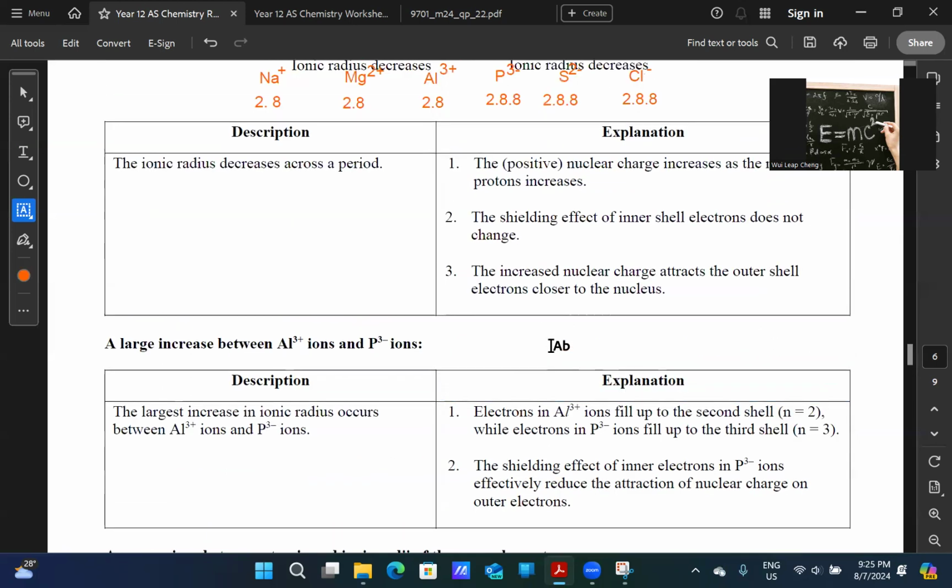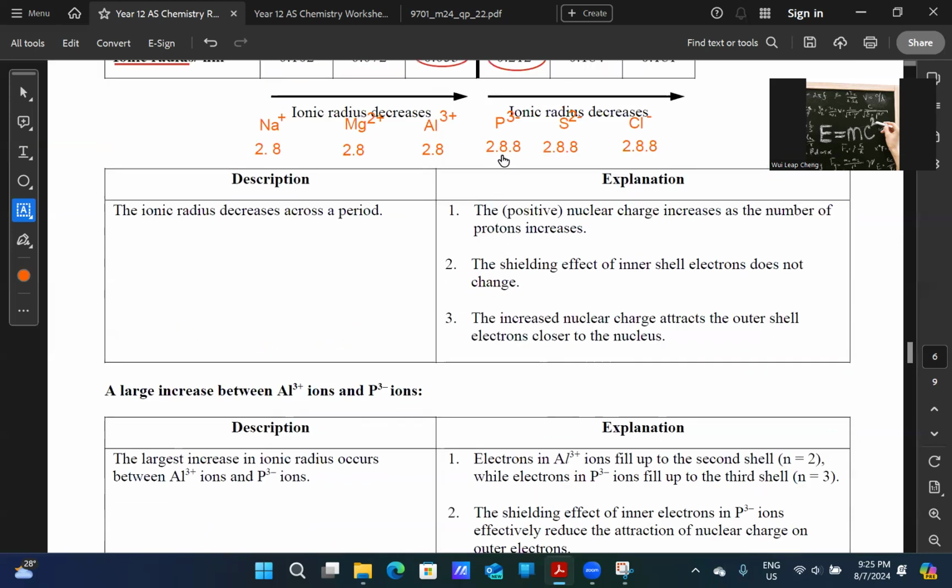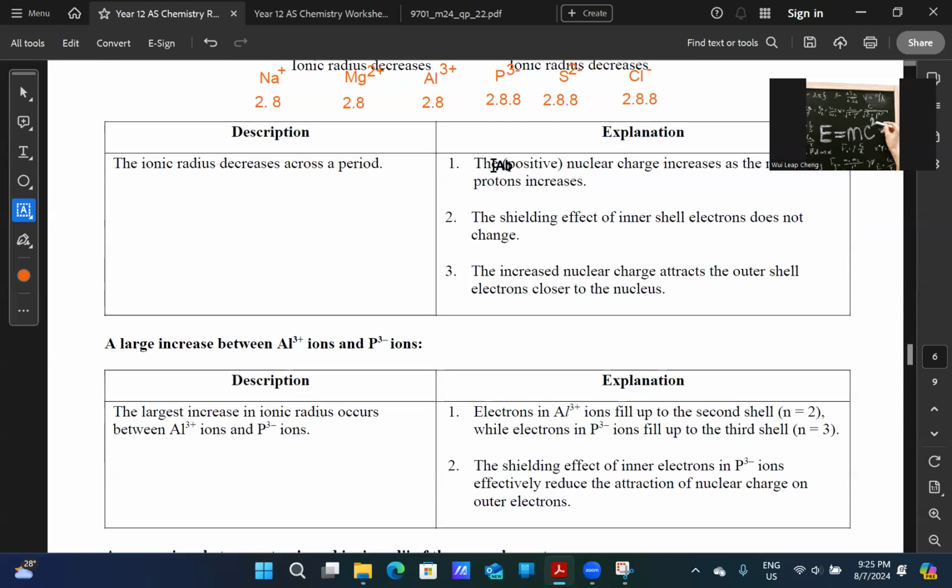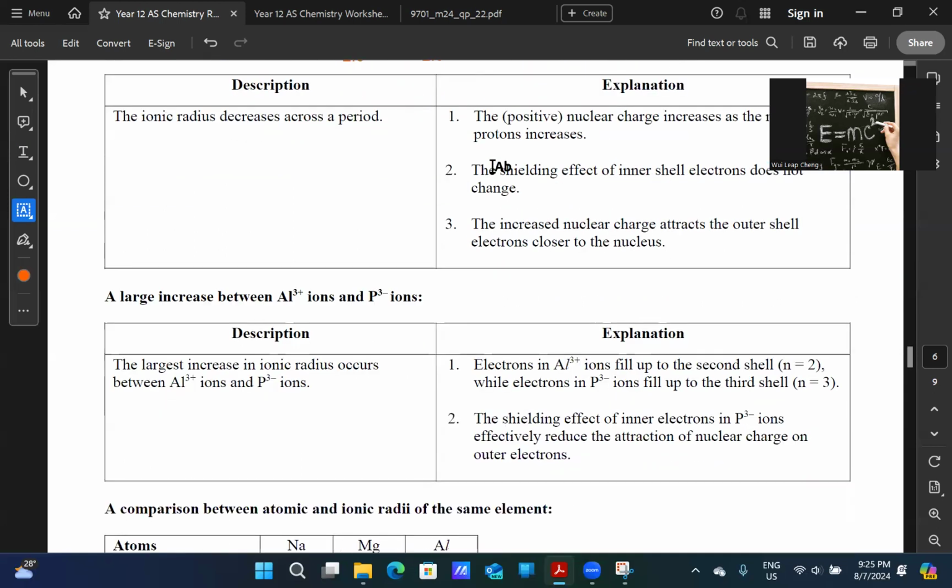Okay, as you know that if the number of inner shell increases, am I right? The shielding effect will increase as well.